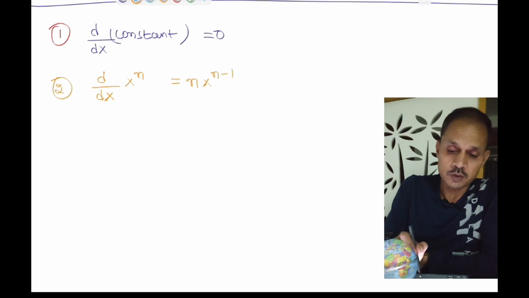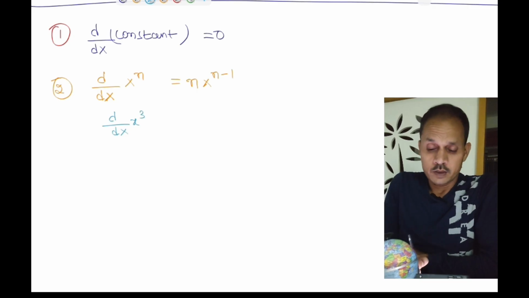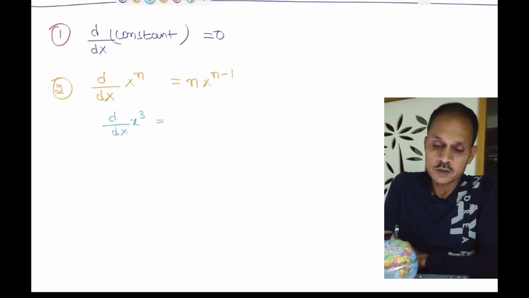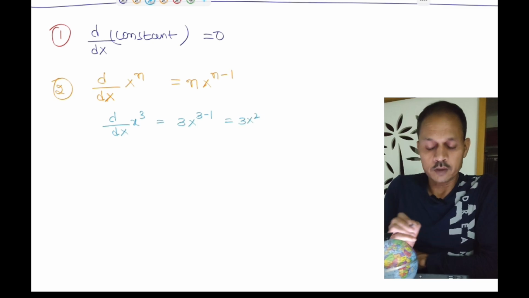Let us take an example, d by dx of, let us say, x cube. What is n here? n is 3. So n x power n minus 1 is 3x power 3 minus 1. How much? 3x square.